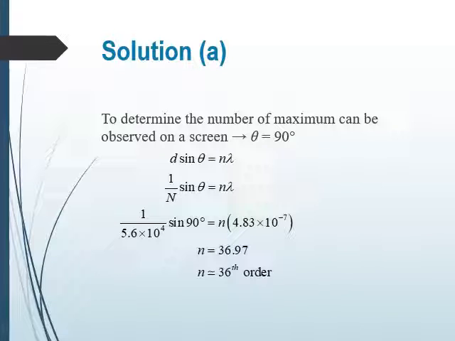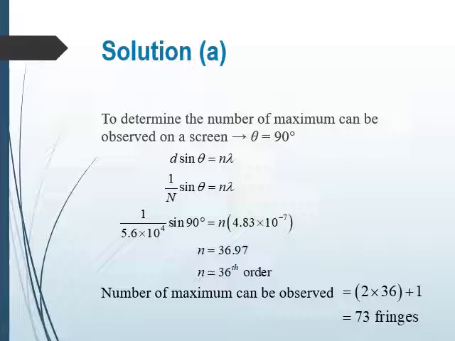So you round the value down to 36 orders. As long as it hasn't reached 37, you cannot round it up as 37. You need to round it down to 36. So the number of maximum that can be observed is equal to 2n plus 1. So the final answer is 73 fringes.